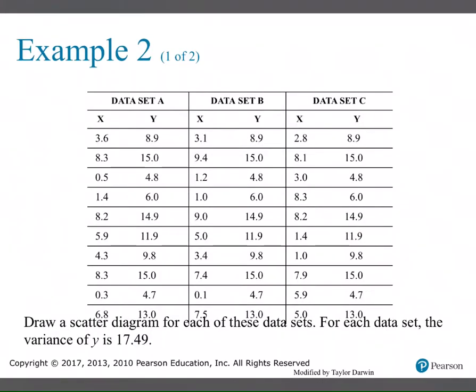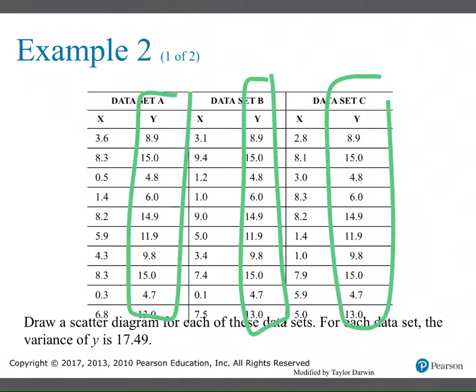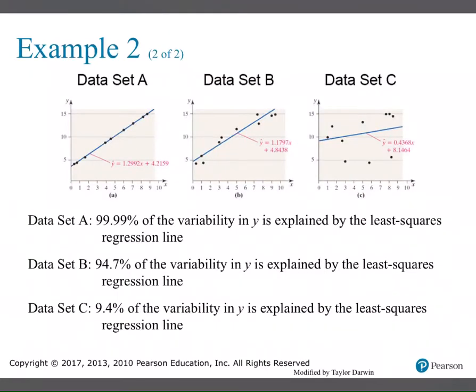I want to show you some scatter diagrams that go along with this data. Please notice that all the y values are the same for each one, and the only thing changing is the x value, so we're seeing how x affects y. Data set A was almost perfect: 99% of the time we can basically say that x affects y.